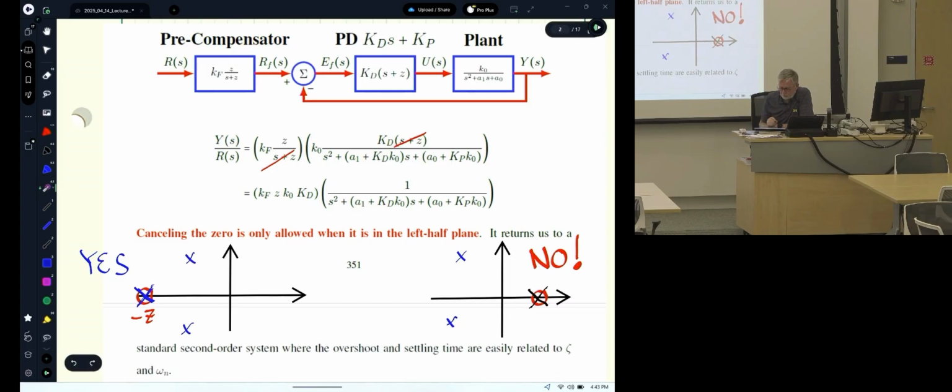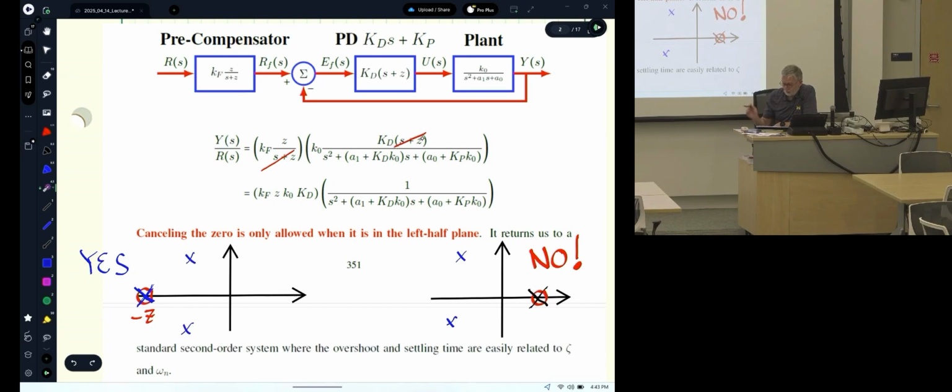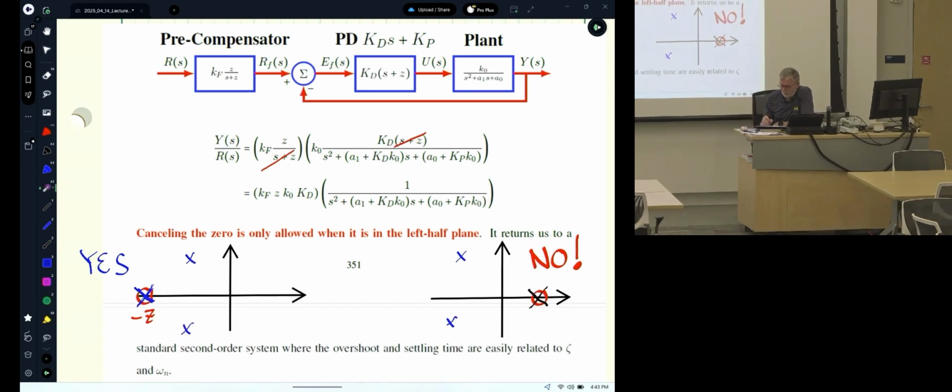But with the z over s plus z, we use the s plus z as a stable pole to cancel a stable 0. And then we're back to almost exactly a standard second order system. So once again, this is omega n squared over s squared plus 2 zeta omega n s. And this is the transfer function from the reference to the output of our closed loop system.